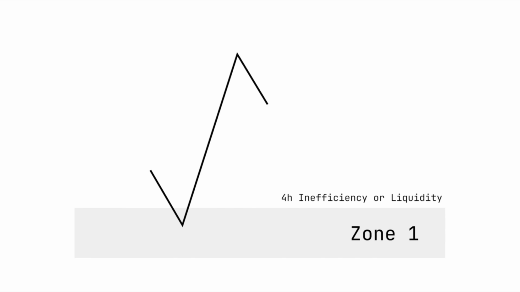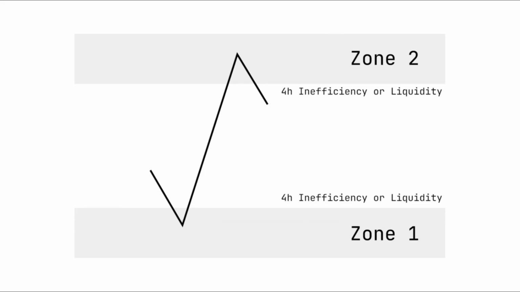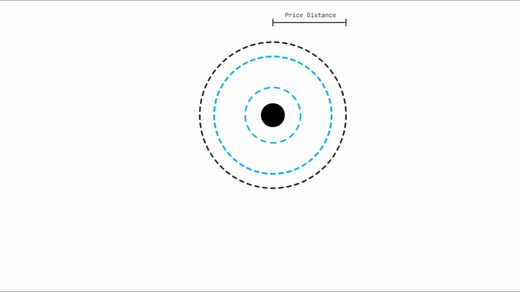For example, we have Zone 1 on the 4-hour time frame, which could be inefficiency or liquidity. In the context of testing and reaction from this zone, the price will likely reach Zone 2, also on the 4-hour time frame, in the form of liquidity or inefficiency. I hope this is clear. Following this logic, you can always identify the trouble area and first trouble area depending on the combo we have.